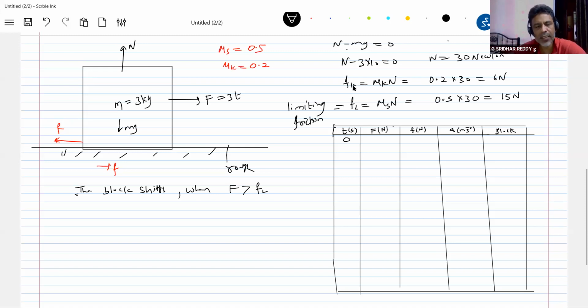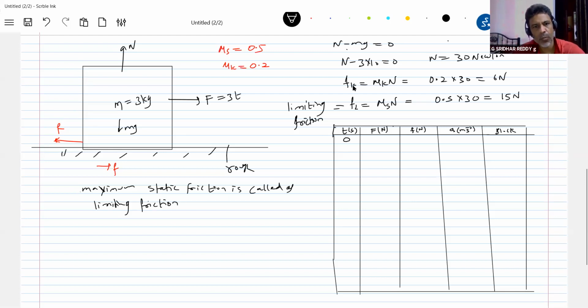What do you mean by limiting friction? The maximum static friction is what? Limiting friction. Earlier we discussed static friction. Here, let me introduce the idea of limiting friction. So maximum static friction is called limiting friction.